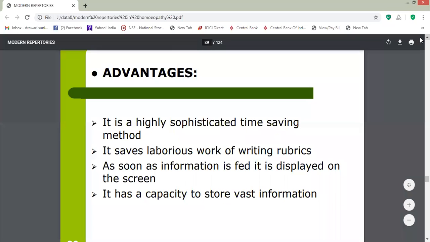Then there are some disadvantages also. The disadvantage is that most of the software is very expensive. We all know these softwares are costly, so a common man cannot afford to buy them.